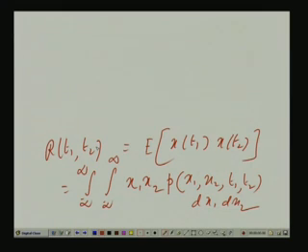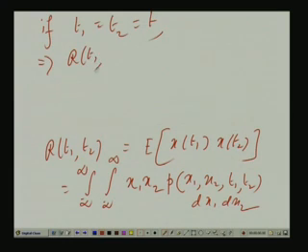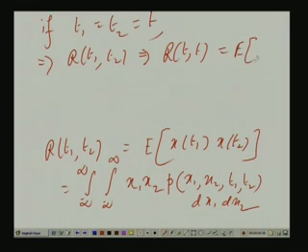That is, if T1 equal to T2 equal to T, then R T1 T2 leads to simply R T comma T, which is E x square T, which is nothing but the expected power.